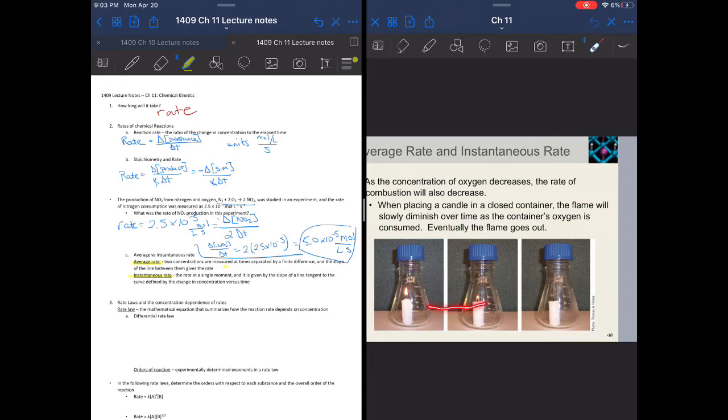Over time, as the oxygen is depleted, as the concentration of the oxygen goes down, the combustion reaction is going to have a slower rate, and the flame is going to get smaller till eventually it runs out and dies. So the instantaneous rate in this picture of the oxygen being burned up would be different than the instantaneous rate in this picture.